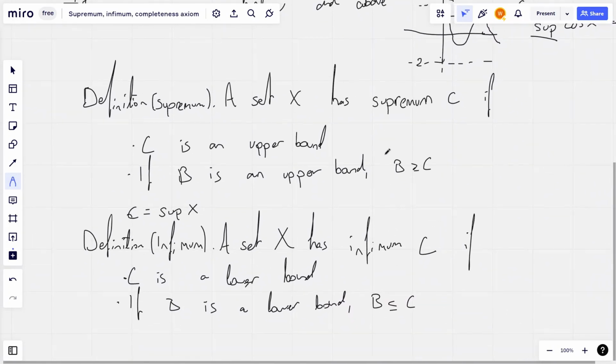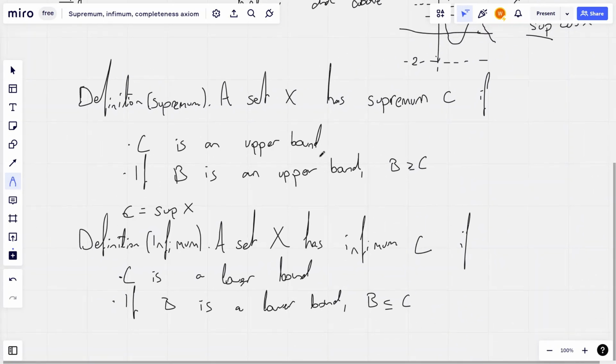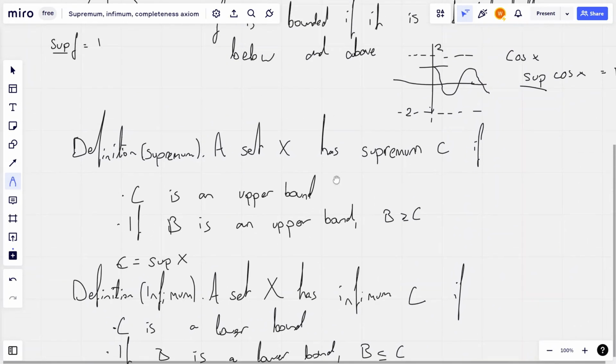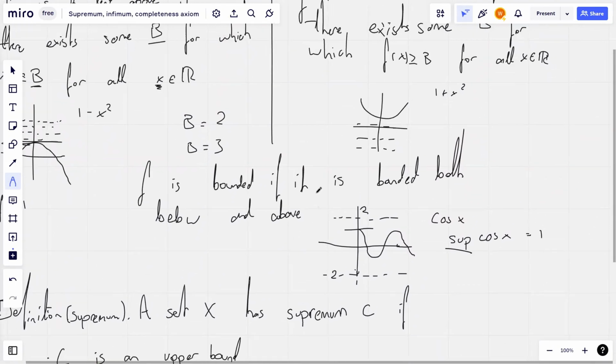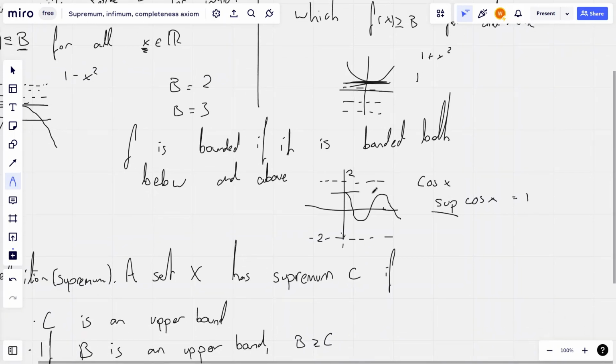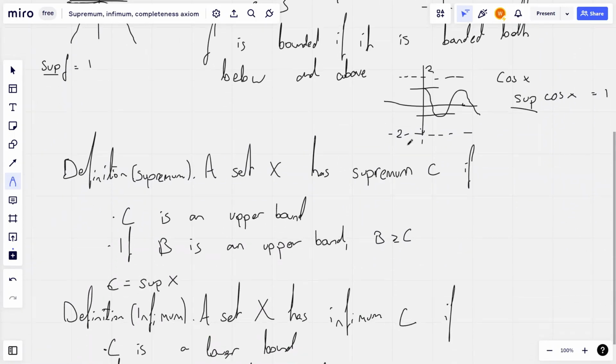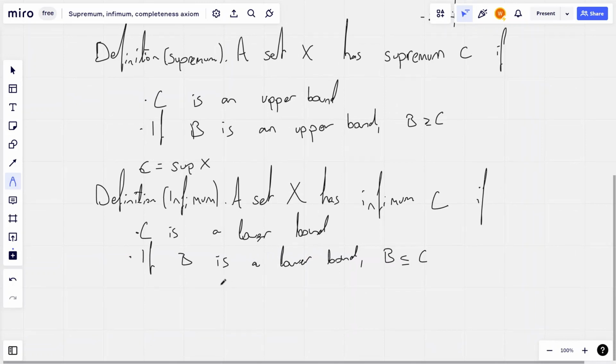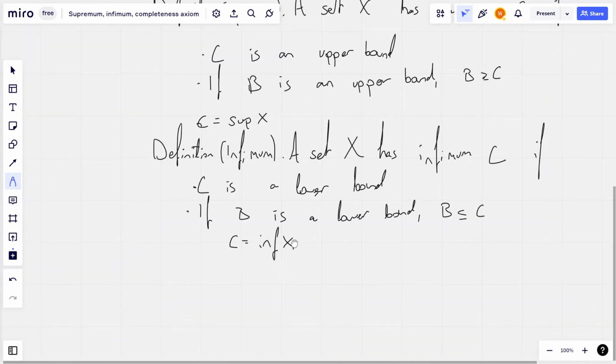It is the greatest lower bound. So if we look back here, the infimum of 1 plus x squared is just 1. The infimum of cos x is also 1, and similarly to sup X, this is denoted as C is inf X.